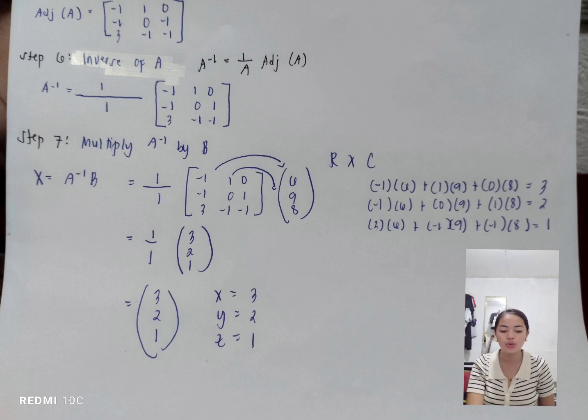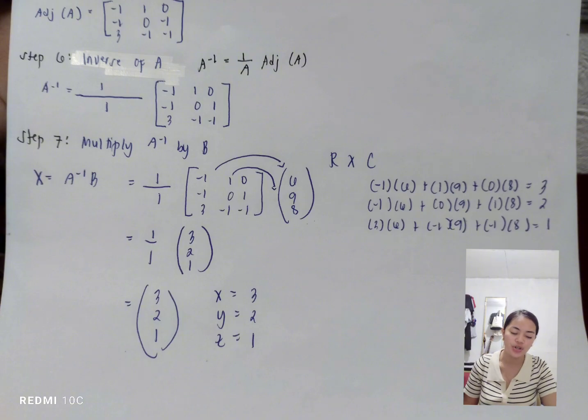After having the answers 3, 2, 1, we multiply by 1 over 1, which of course gives the same numbers. So our final answer is 3, 2, 1. Our x is 3, our y is 2, and our z is 1.